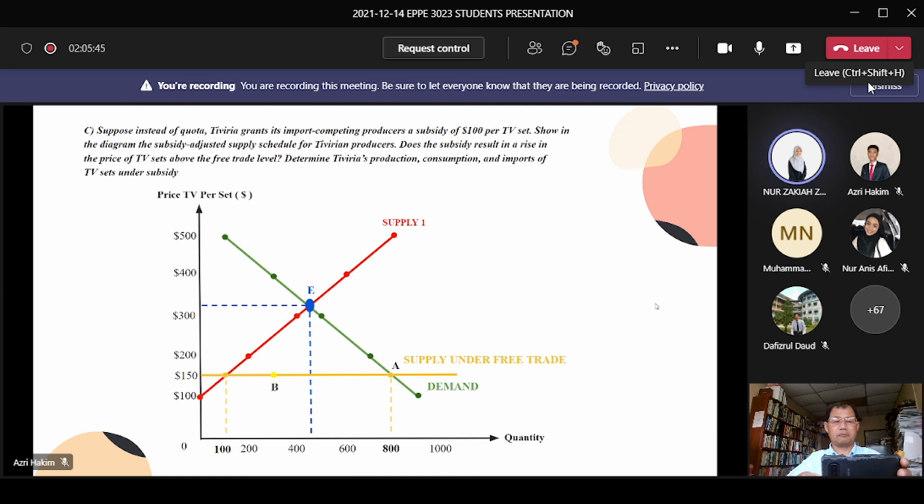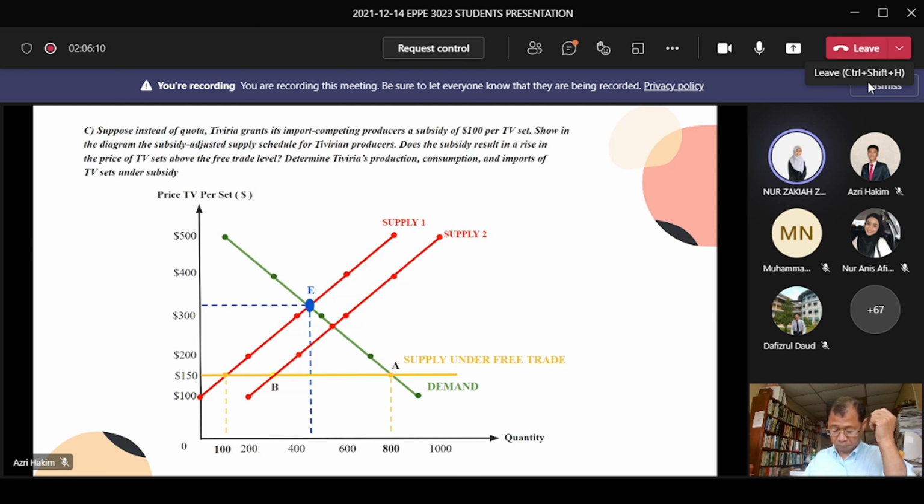Determine TVRA's production, consumption, and imports of TV sets under the subsidy. The subsidy increases the domestic supply of TV sets from supply 1 to supply 2 because it gives import-competing firms more incentive to supply TVs when they receive an additional $100 per TV.